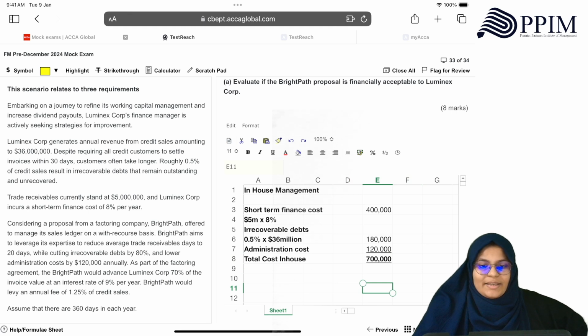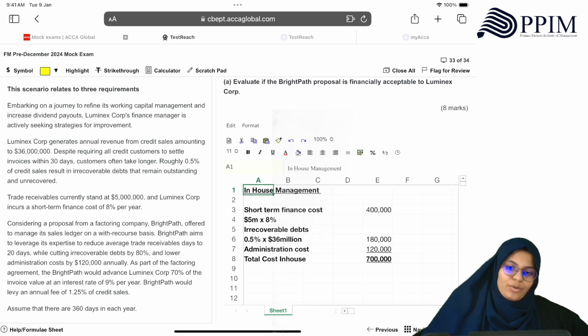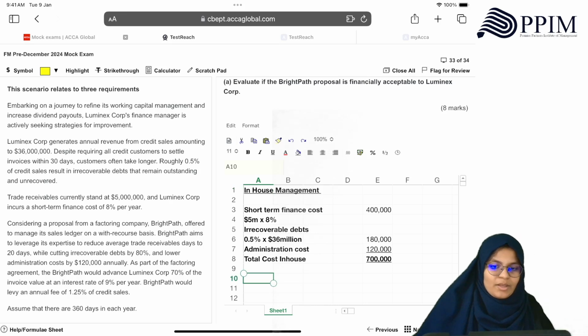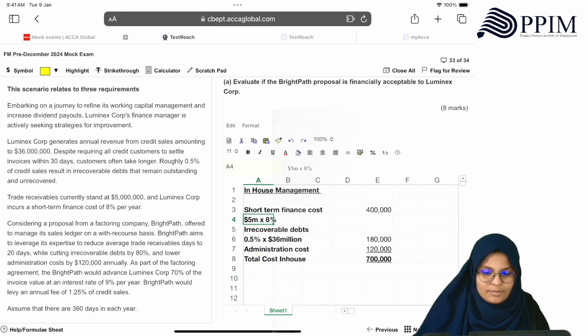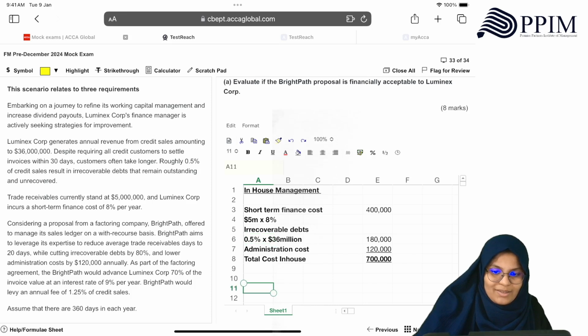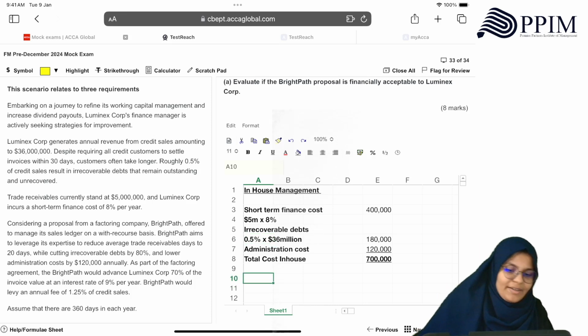Right, so now let's see the same thing if we are going to go for factoring. Factoring service.